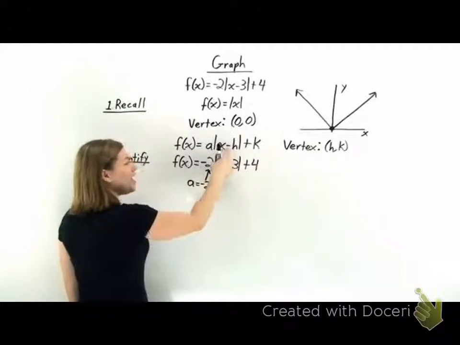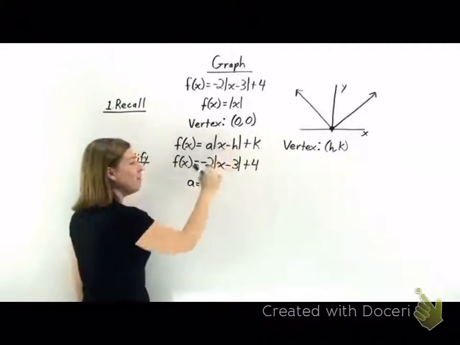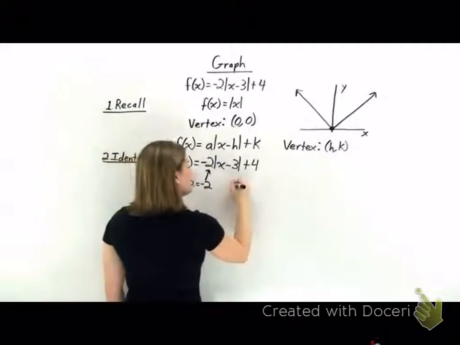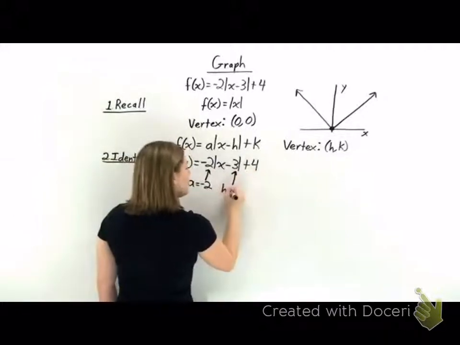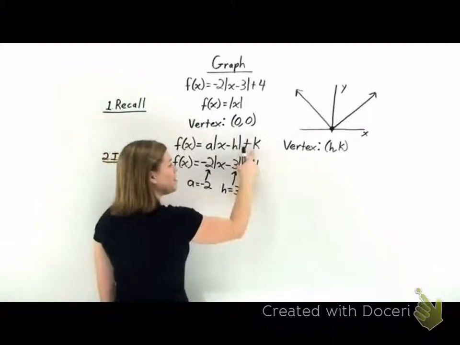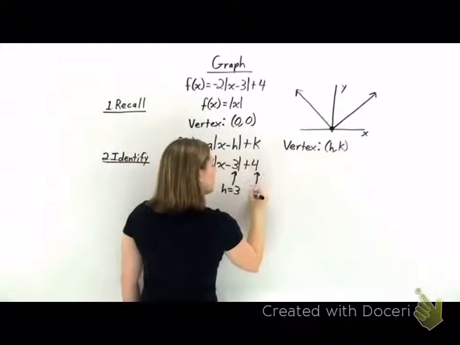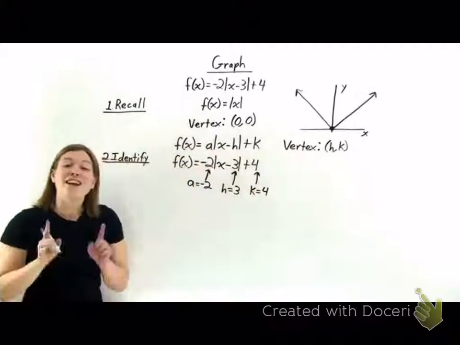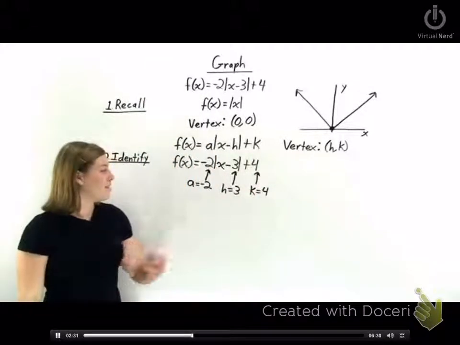Now, with h, there's a built-in minus sign in the form. So we need to account for that in our problem. Accounting for that built-in minus sign, we find that our value for h is +3. And k is the constant being added on the end. So in our problem, k is equal to +4. Now let's take a look at these different transformations.